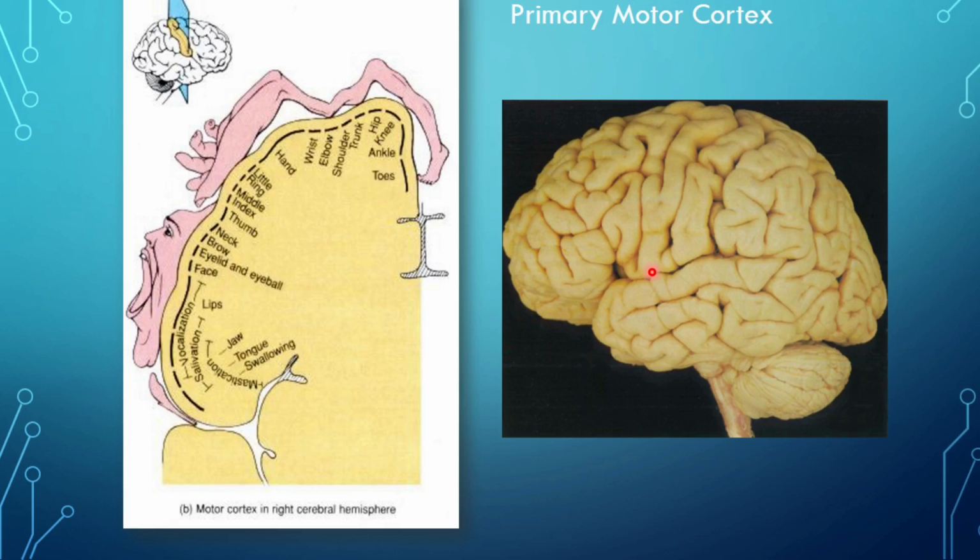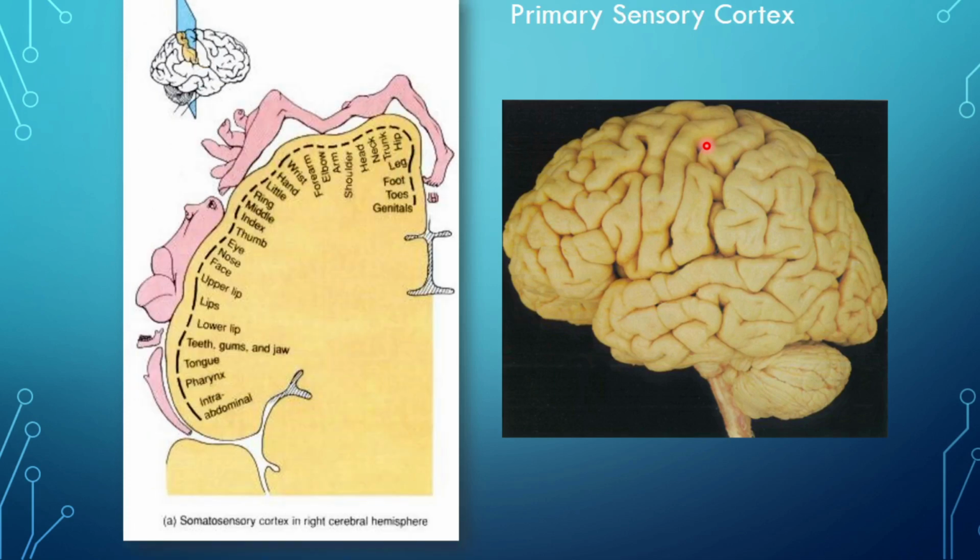Whether you call it the primary motor cortex, which is what I tend to call it, but what you might see in textbooks is it's referred to by its location, which would be the precentral gyrus. Pre meaning before, central referring to the central sulcus that is running just posteriorly to it here. So the precentral gyrus, primary motor cortex, or like I say, you might see somatomotor, which essentially just means moving the body.